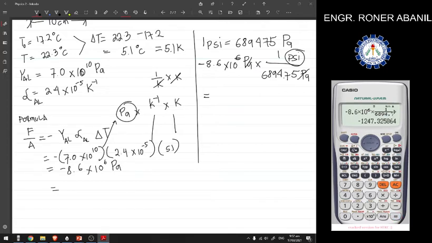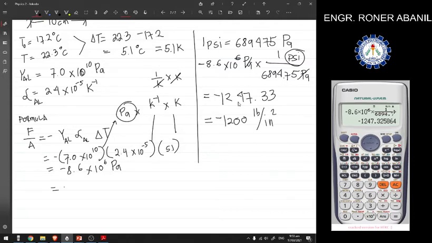So, ang lalabas is negative 1247. Okay? Negative 1247.33. Or pwede nating i-approximate na 1,200 pounds per square inches.